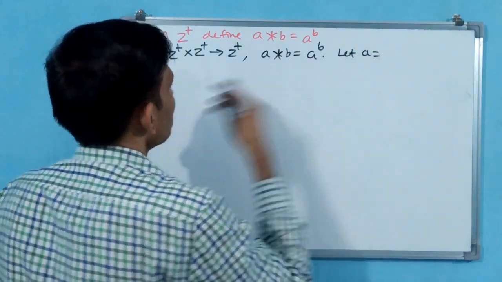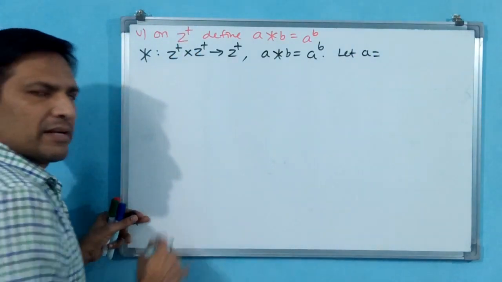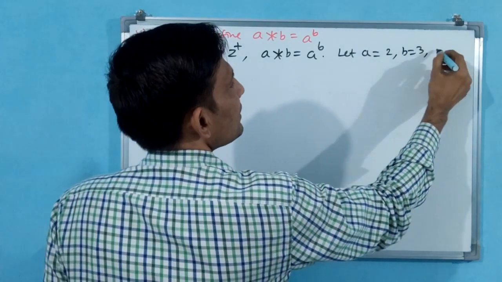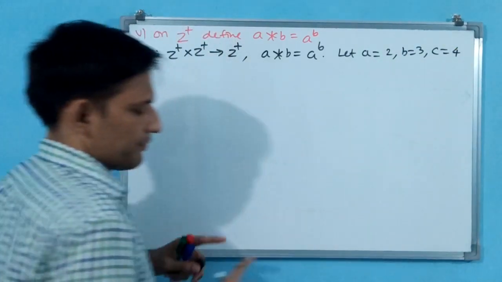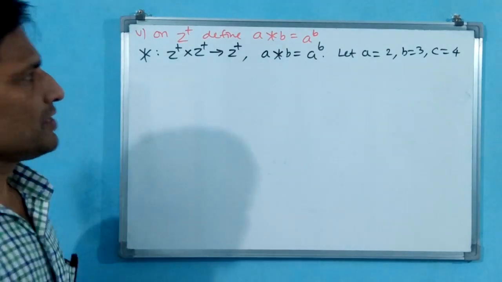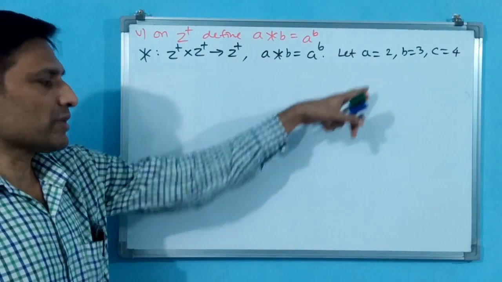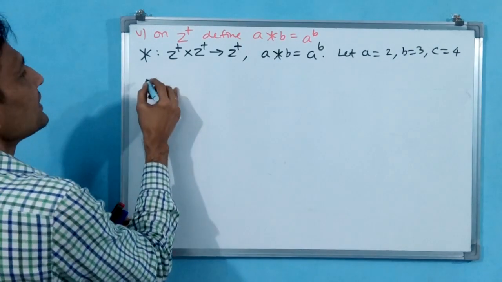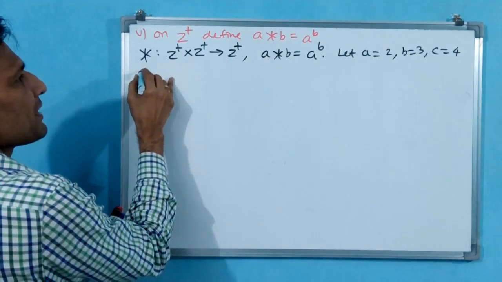Let A is equal to, see here like earlier only we take 2. A is equal to 2, B is equal to 3, C is equal to 4. Like that you take. A, B, C also you have taken. Why? Because C, why have you taken C? For associative. Now you write for binary operation.